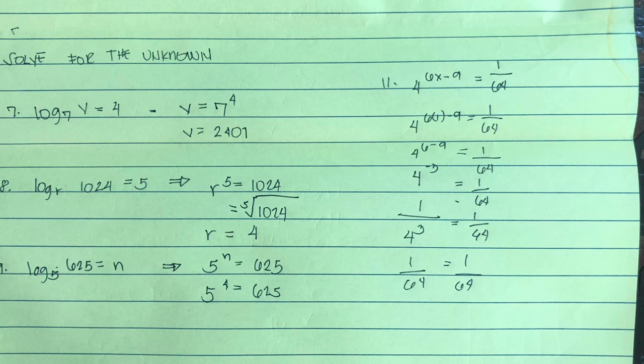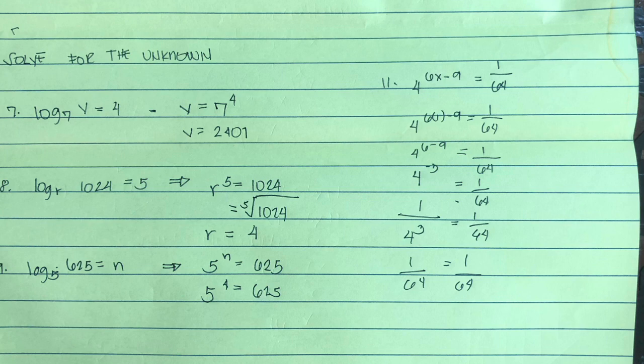So our base will be raised to the power of 4 to solve for v. So v is equal to 7 to the power of 4. So v is 2401. That would be logarithm of 2401 base 7 is 4.